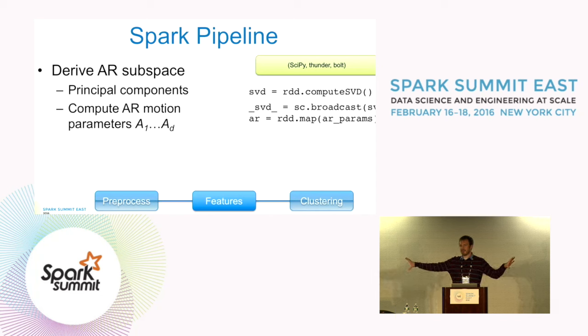Those live in different subspaces, but here everything lives in the same subspace. We found that even though we did a global SVD, and that's why we use Thunder, we want to do an SVD on the whole data set, we could still pretty well approximate it by the local SVD of a single time series. Just empirically speaking, it worked. But nonetheless, we went with the global SVD.